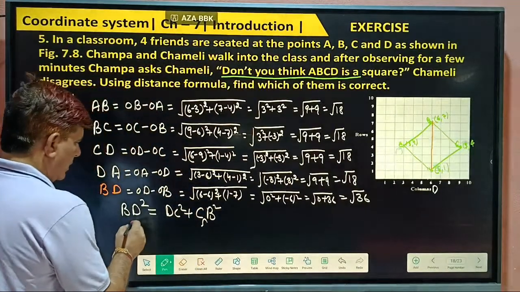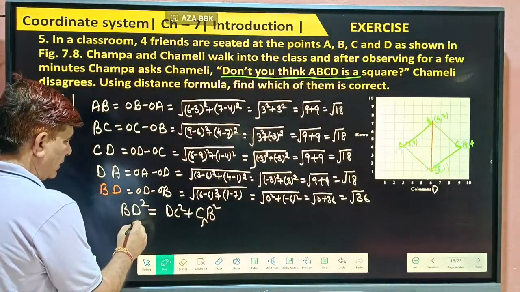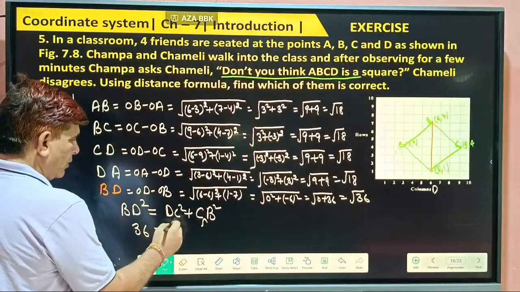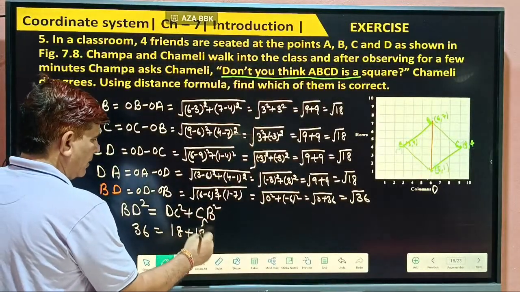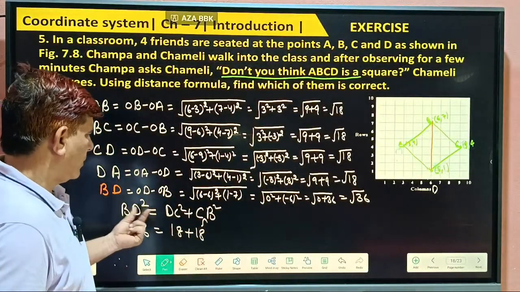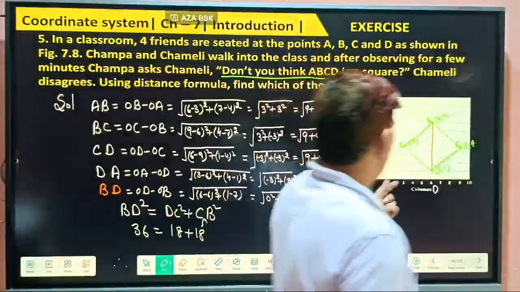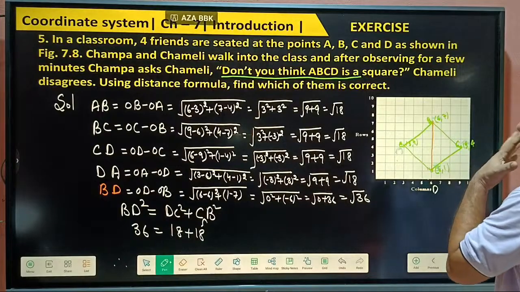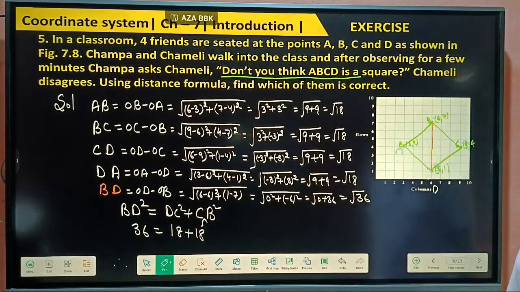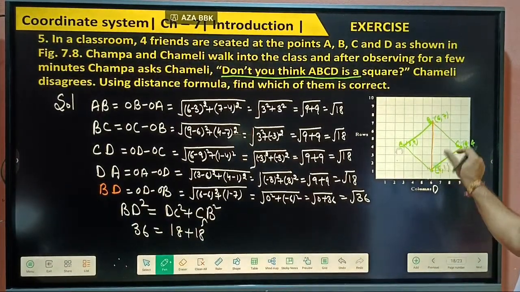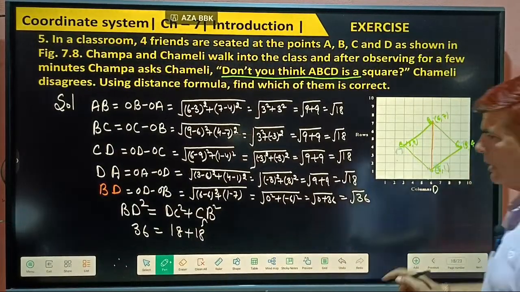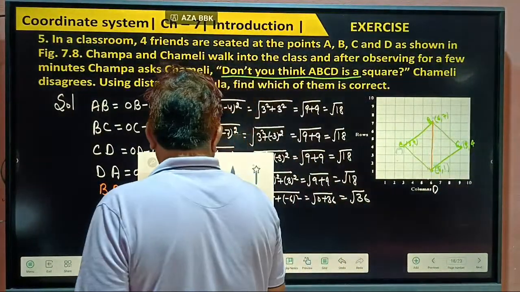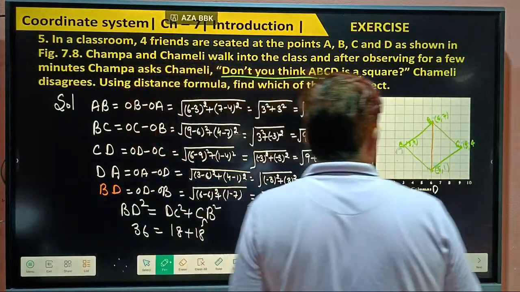Why? BD square is root 36 square, 36 is equal to 18 plus 18. So we are talking about this triangle, which triangle? BDC. BD square equal to this square plus this square. BD square is equal to what?